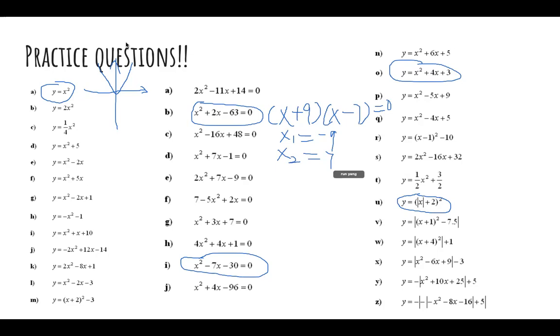So these two values can both make the equation equal to 0. And for question 3, first we also gonna factor it in order to solve it.